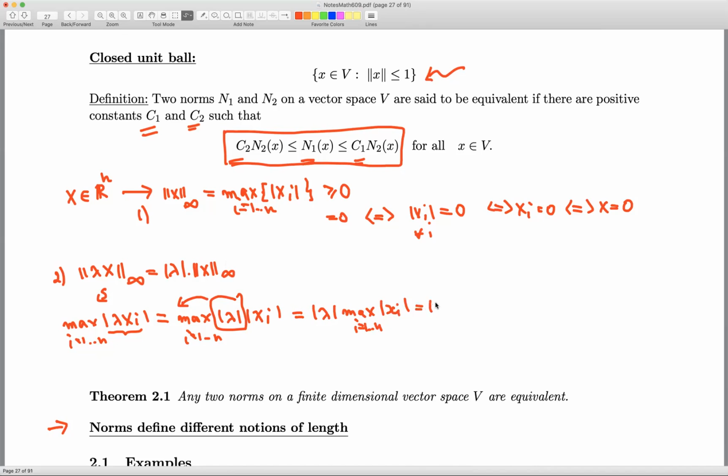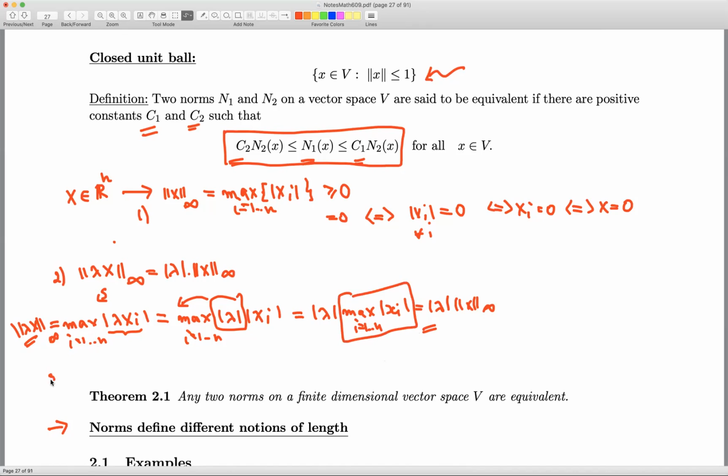And this is exactly the norm of x infinity. So what we showed is that the infinity norm of lambda x is equal to the absolute value of lambda times the infinity norm of x, because this by definition is the infinity norm of x. So the second condition is satisfied.